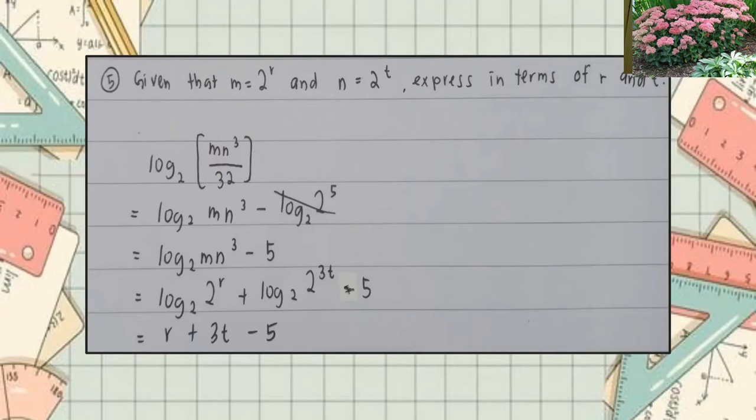We got the question for log 2 bracket mn 3 square over 32. We can change the divide into minus. So it becomes log 2 mn 3 square minus log 2 to 5 square.